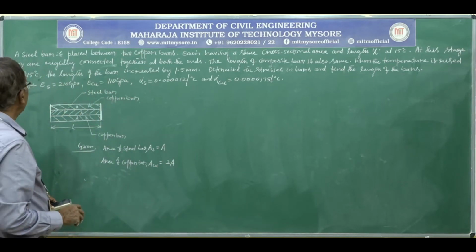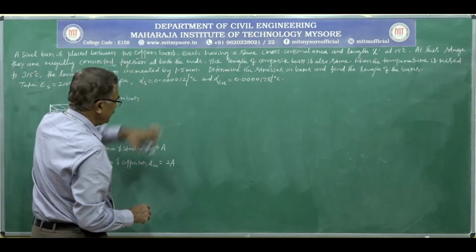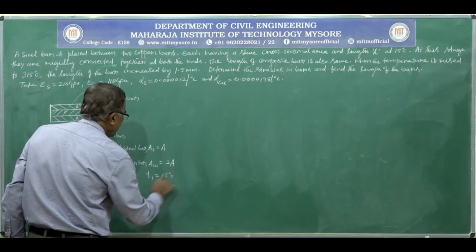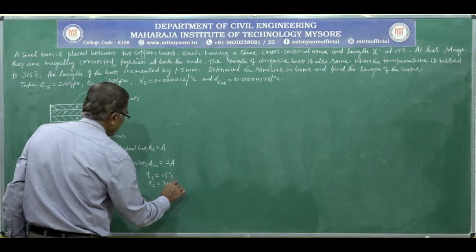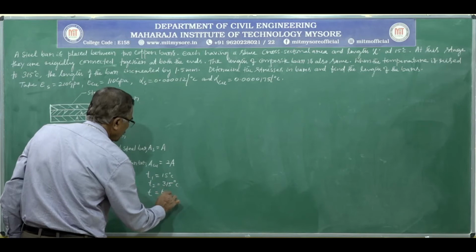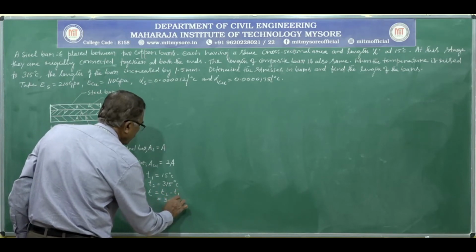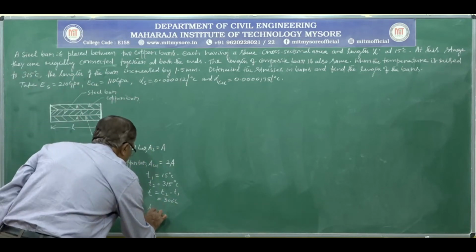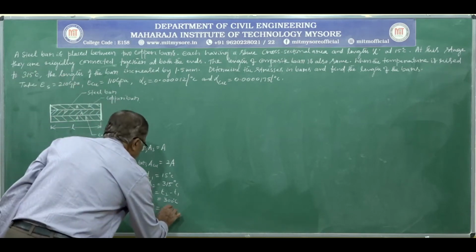Next, when the composite member is subjected to temperature, at the beginning the temperature was T1 equal to 15 degree centigrade and T2 is equal to 315 degree centigrade. Therefore, T is equal to the difference of T2 and T1, that is 300 degree centigrade. Under this temperature, there is increase in length of the composite bar, delta L equal to 1.5 millimeter.